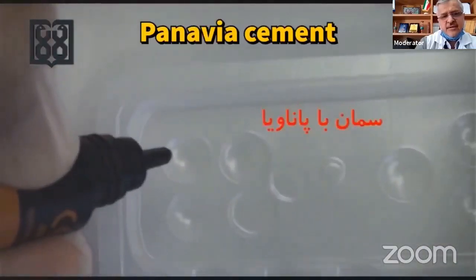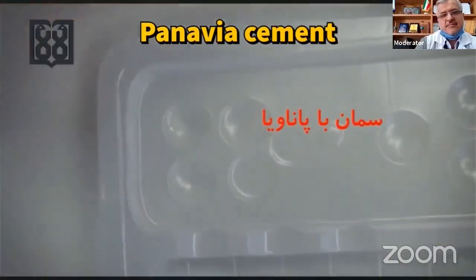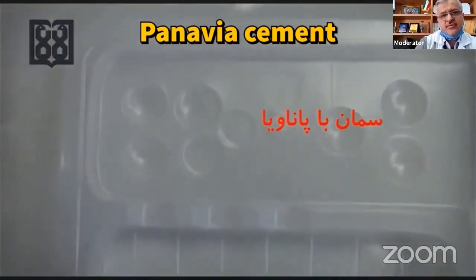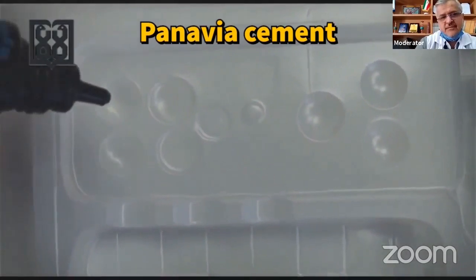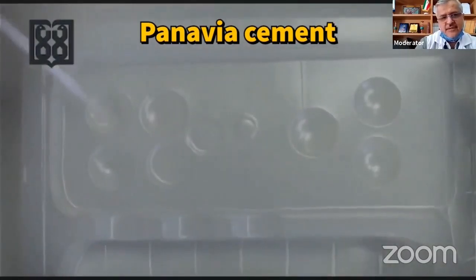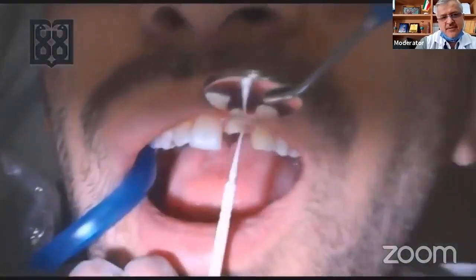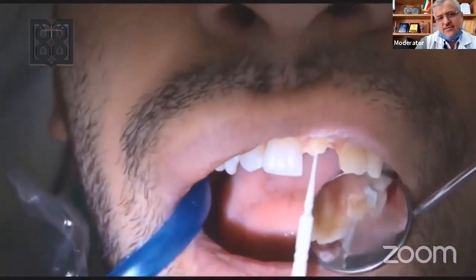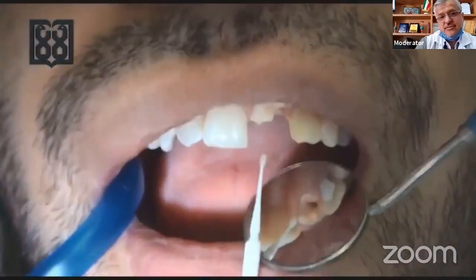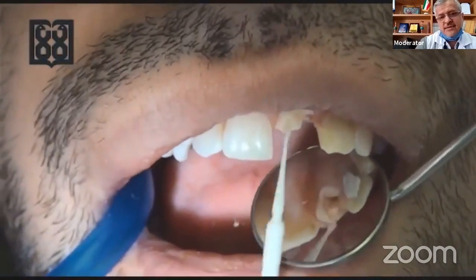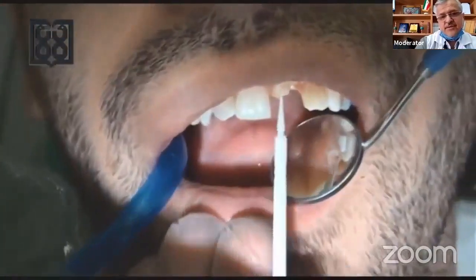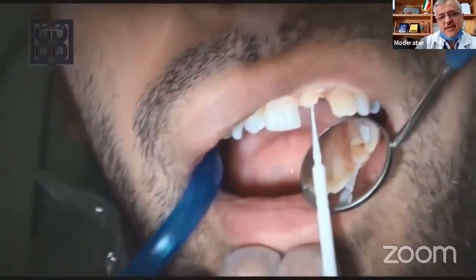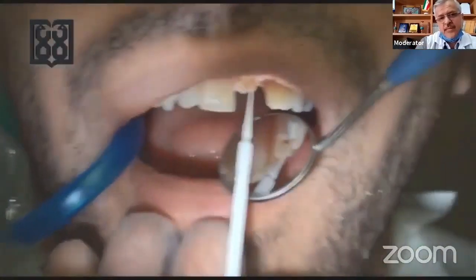I chose the resin cement material Panavia F2. This cement has two liquids as primer, and after mixing, it must be applied on the root and on the coronal tissue of the root, and the base and catalyst of the cement must be mixed and applied only on the post.